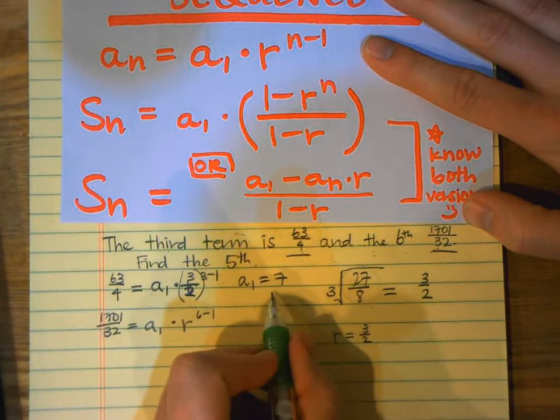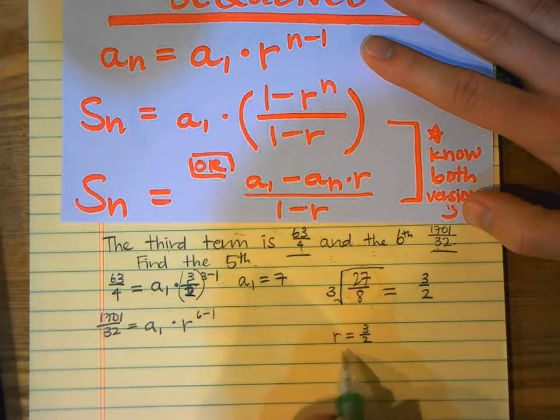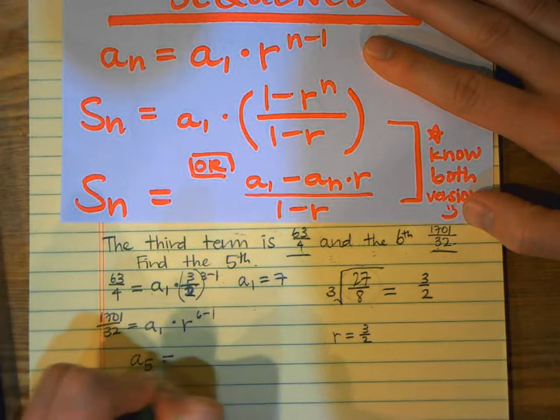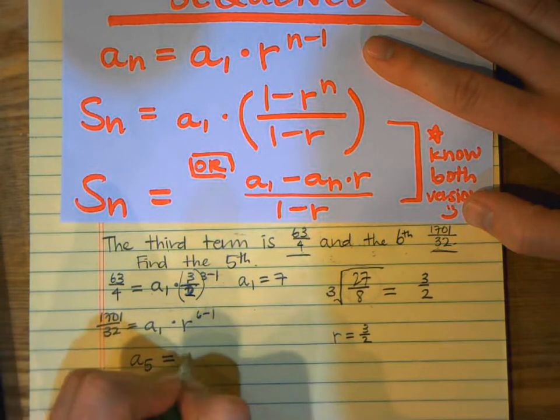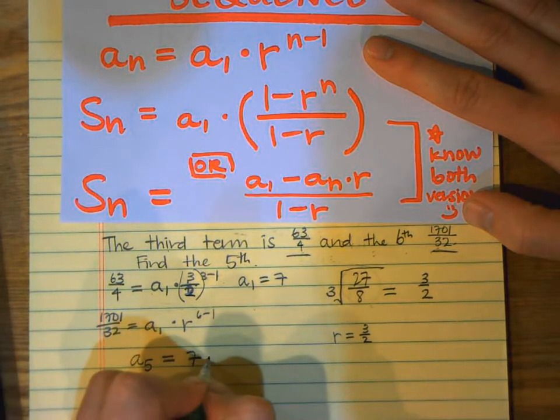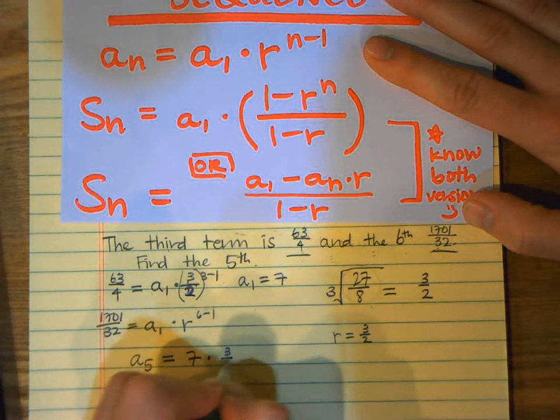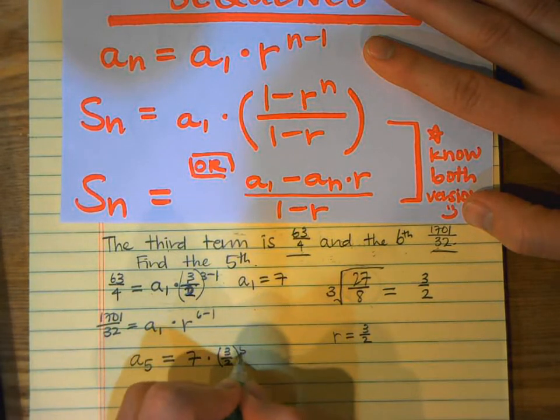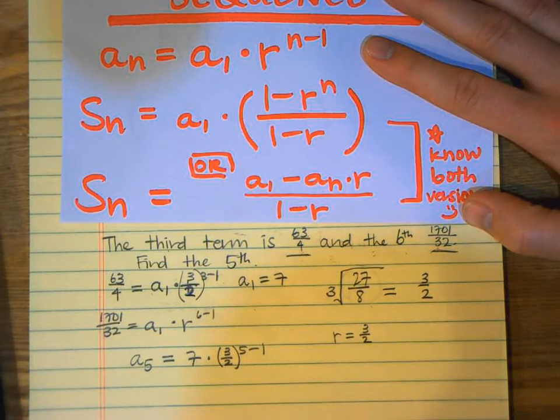I know that a sub 1 is 7, r is 3 over 2, so if I'm trying to find the fifth term, that's going to be a sub 5 equals the first term here, which is 7, times my r to the power of 5 minus 1.